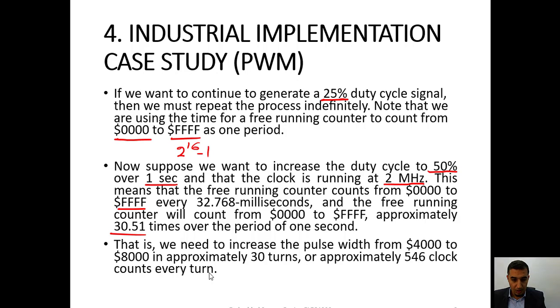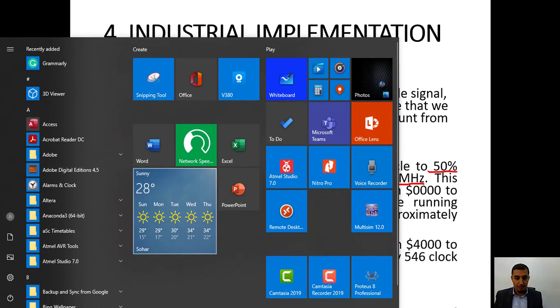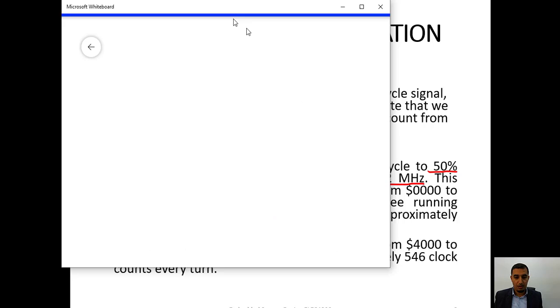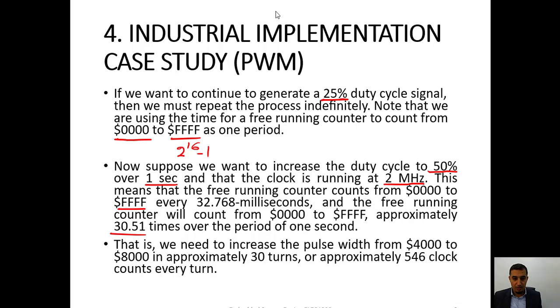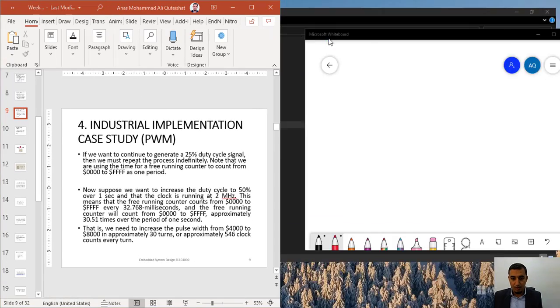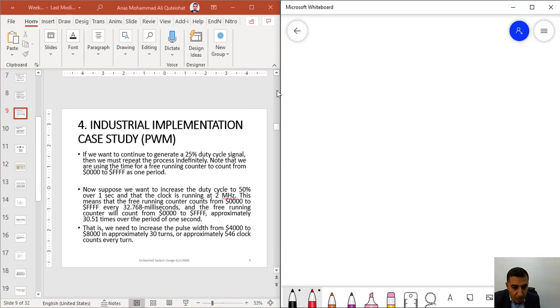It means we want to generate a signal which has a duty cycle of 50%, and the time is 1 second.